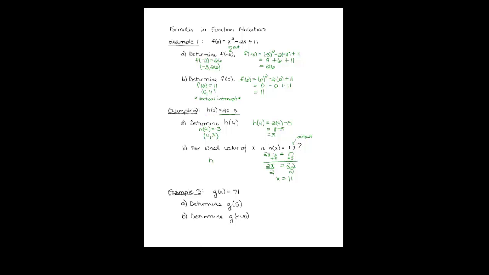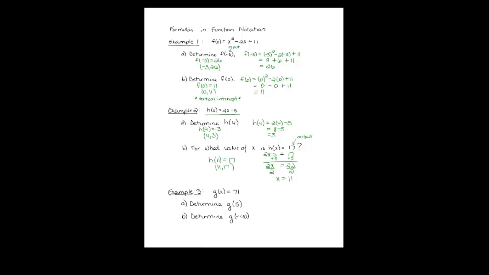Writing this in function notation, h of the input is 11 equals the output is 17. And the ordered pair, 11, 17. In example 3, here we have the function g of x is equal to 71, and we're asked to determine g of 5 and g of negative 40.